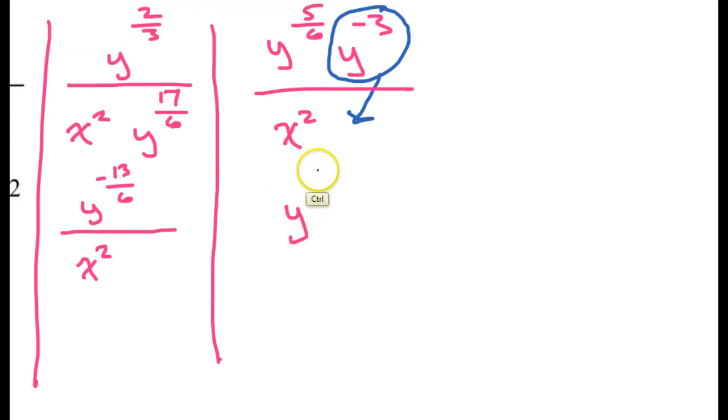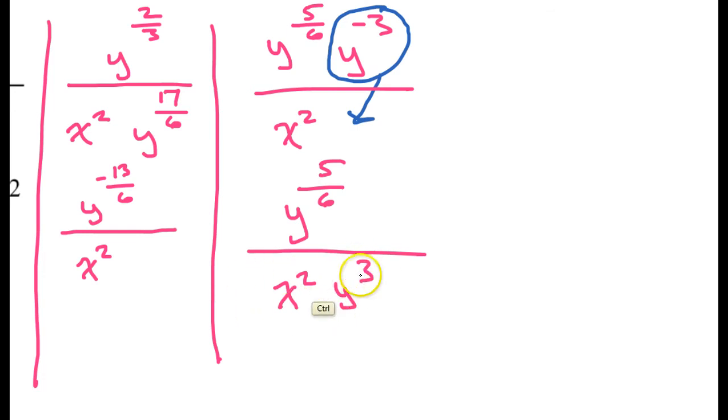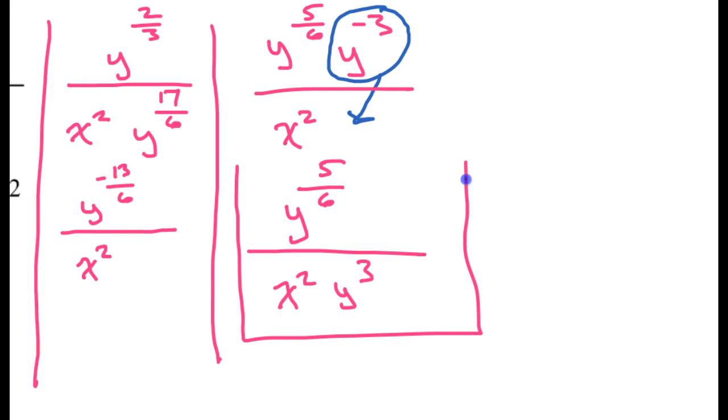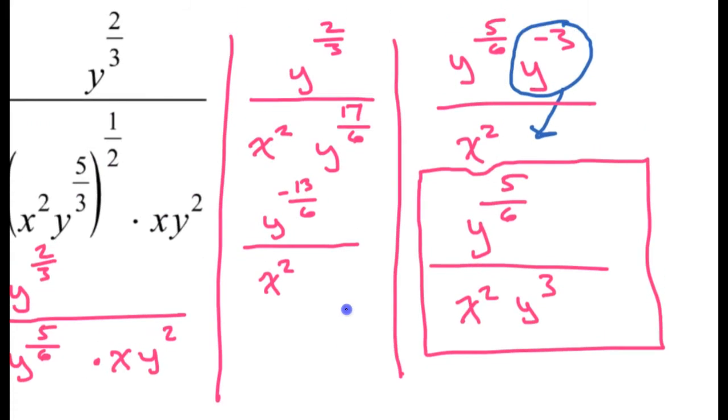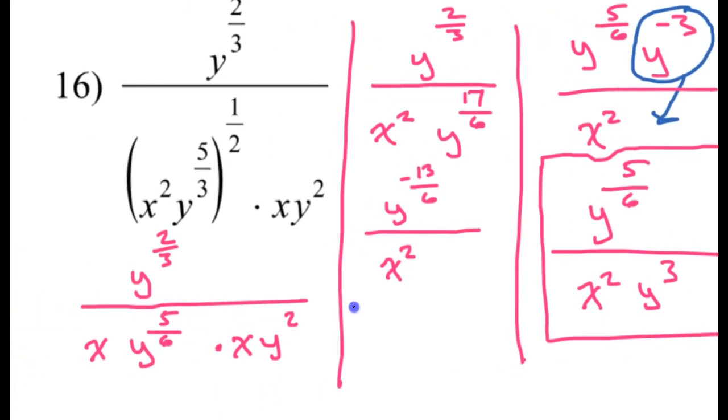I will have y to the 5/6 power over x squared and then y to the 3rd power. No fractional exponents in the denominator, and that's the rule. I had to make sure that didn't happen, and we were successful. So this is the final answer for number 16.